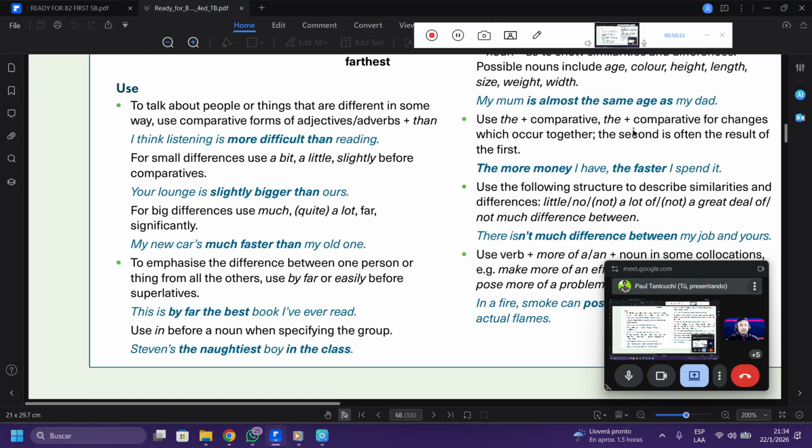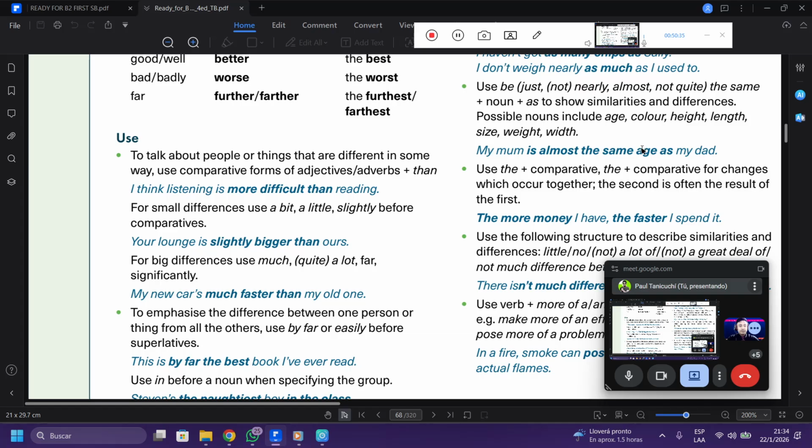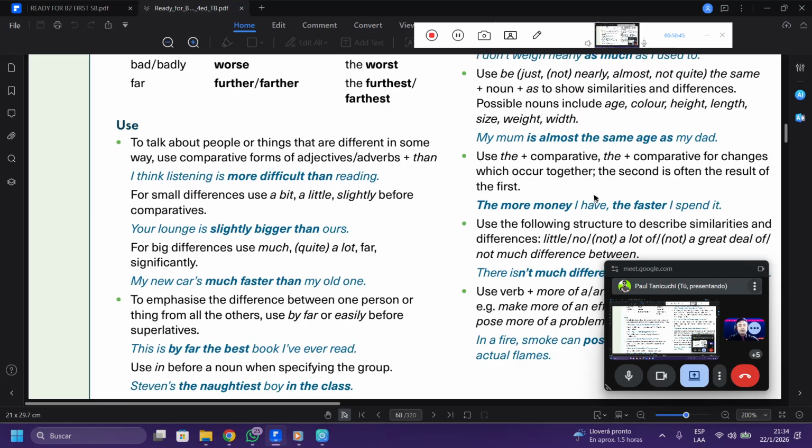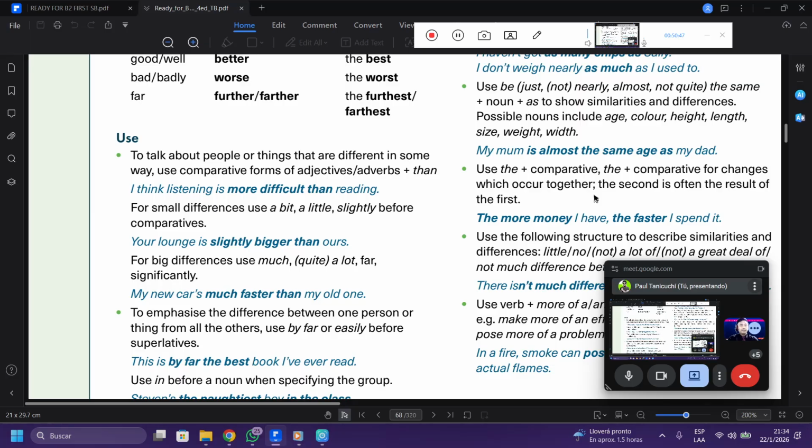Okay, perfect. And the last one, who's missing? My sister's shoes are almost the same size as mine. Perfect.